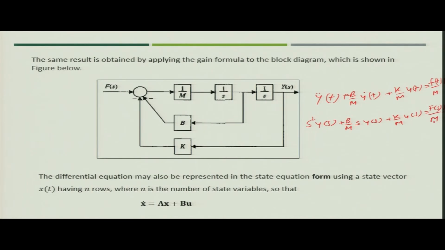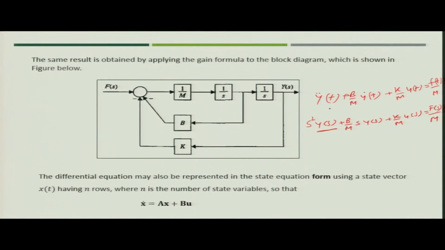Now, what you have in your hand is that Y(s) is the output and F(s) is the input. So, how will you represent it with the help of a signal flow graph?